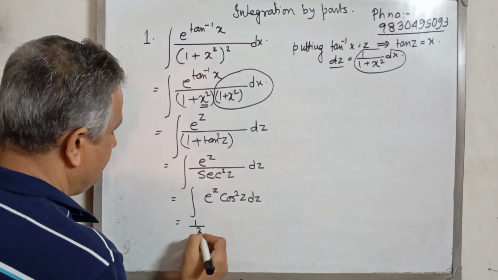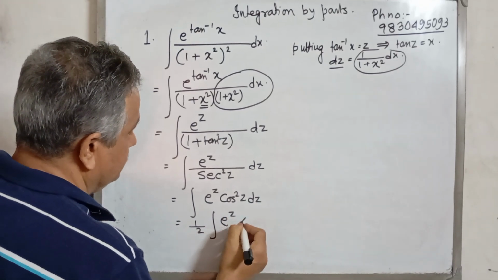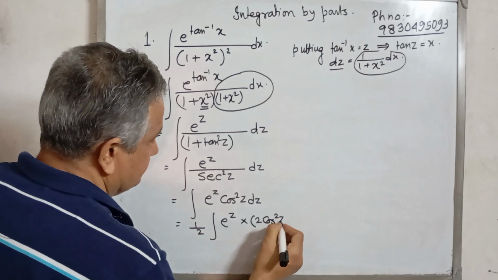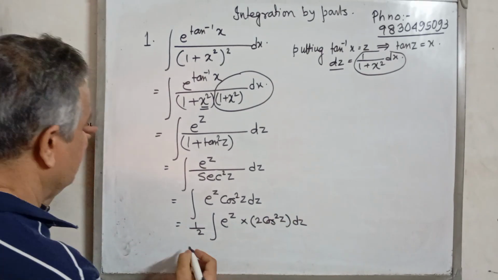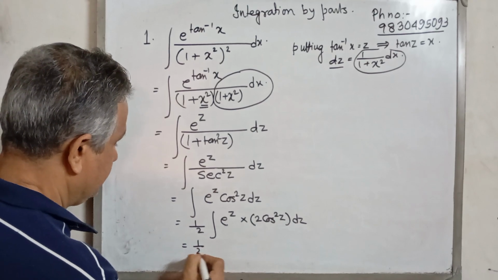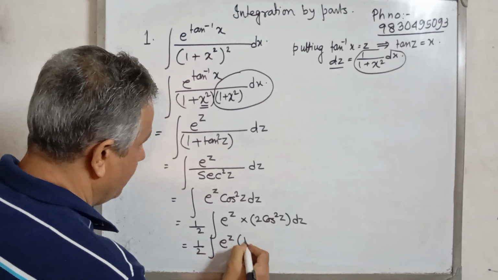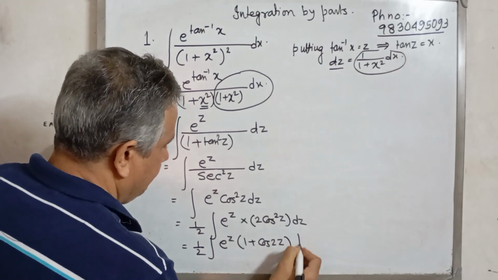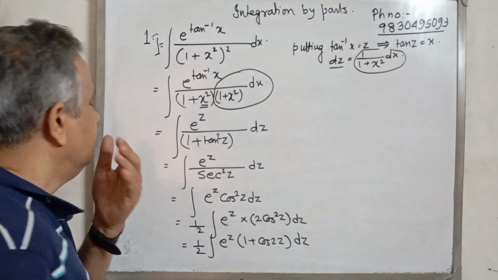Now taking half out, e to the power z into 2 cos square z. Now this becomes half integration e to the power z into (1 plus cos 2z) dz.